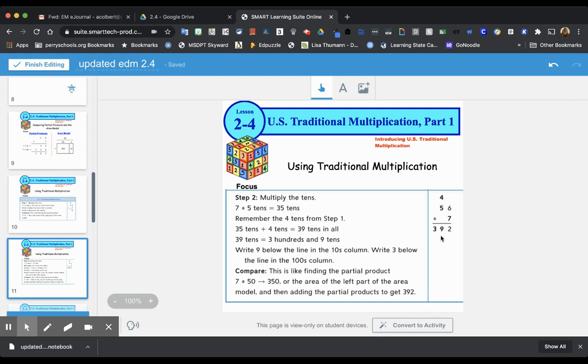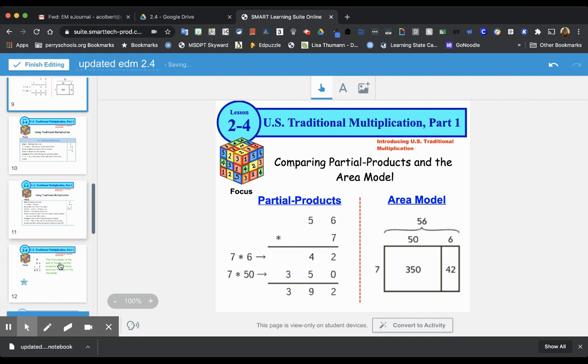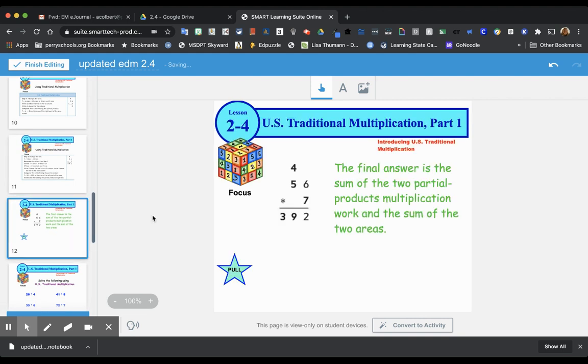So you're going to write the 9 in the tens column and the 3 in the hundreds. This is like finding the partial product of 7 times 50, 350. Or in the area model, it's the left part of the area model, right here. So we can see that the final answer is 392, and it's the sum of the two partial products, multiplication work, and the sum of the two areas.